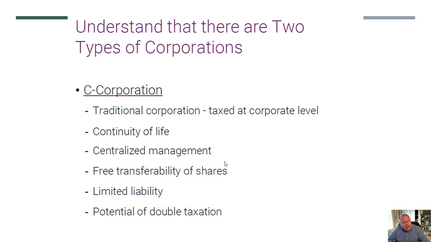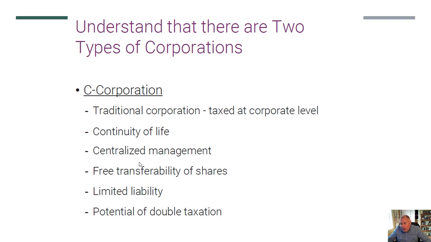The hitch is double taxation, because it's taxed at the corporate level, and when a company passes out dividends or buys back shares from shareholders, that creates a taxable income for the shareholder. Okay? So that's the big thing, the potential double taxation that's there.